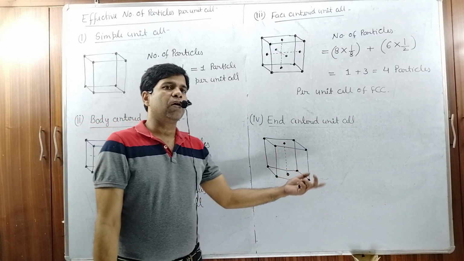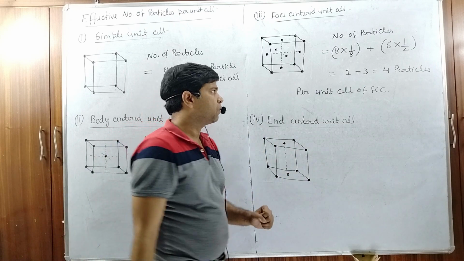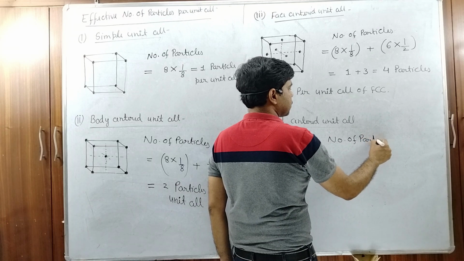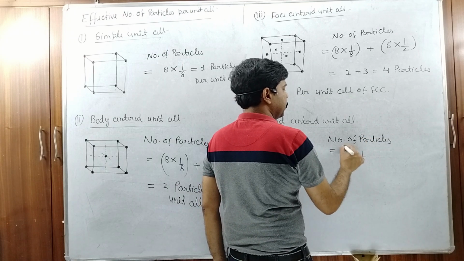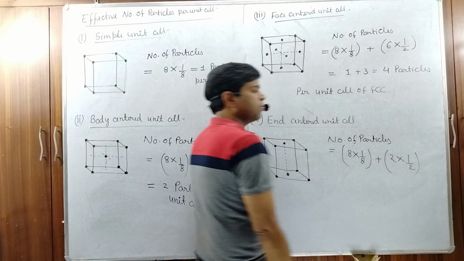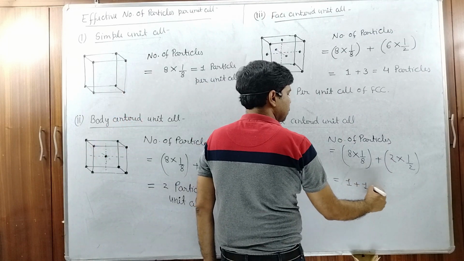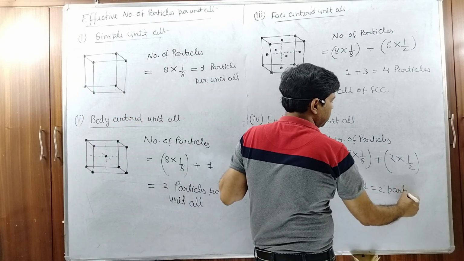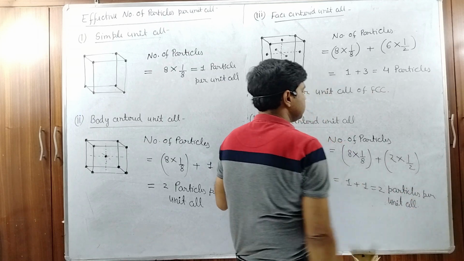Each particle at the corner contributes 1 by 8, and each particle at the face center contributes half. The number of particles becomes 8 particles at the corner, each contributing 1 by 8, plus 2 face centers, and the contribution of the particle at the face center is half. 1 plus 1 is equal to 2 particles per unit cell.